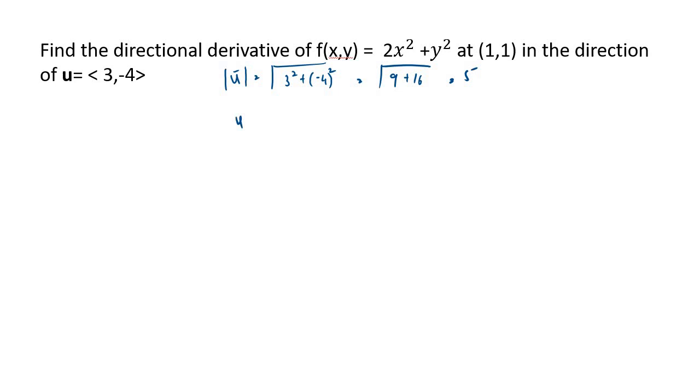Next we find the unit vector, which is 3 over 5, minus 4 over 5, because we have already found the magnitude.